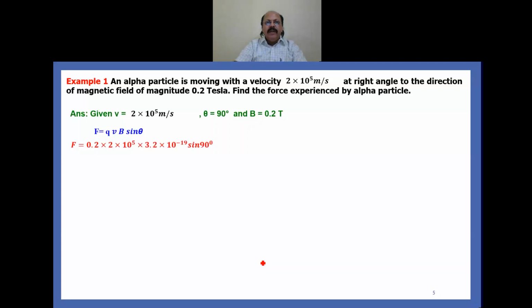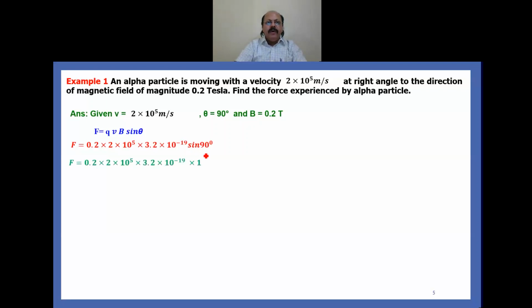The charge on an alpha particle is twice the charge of a proton. So here you substitute the magnetic field 0.2 Tesla, velocity 2 into 10 raised to the power 5, the charge on the alpha particle 3.2 into 10 raised to the power minus 19, and theta is 90 degrees, so sine 90 degrees, which is 1.